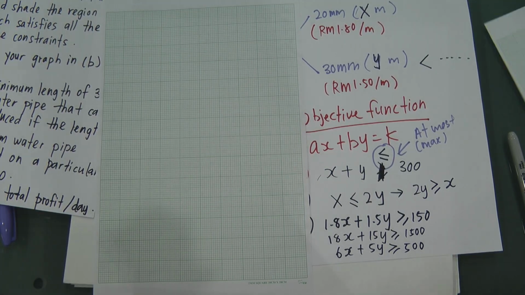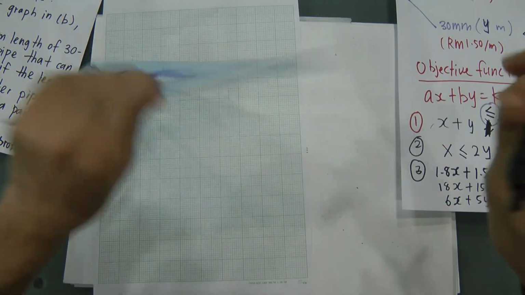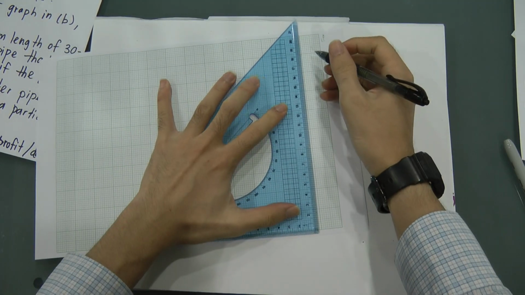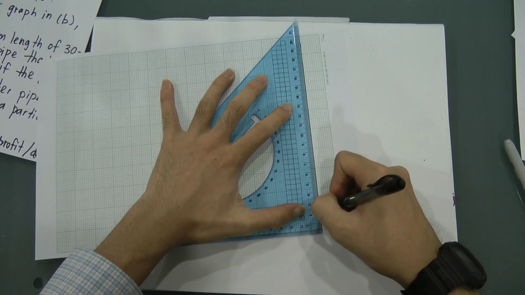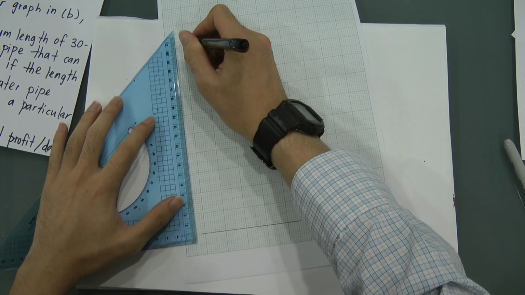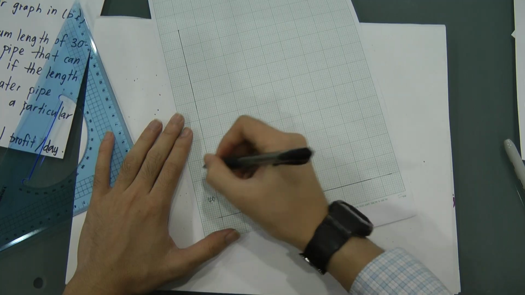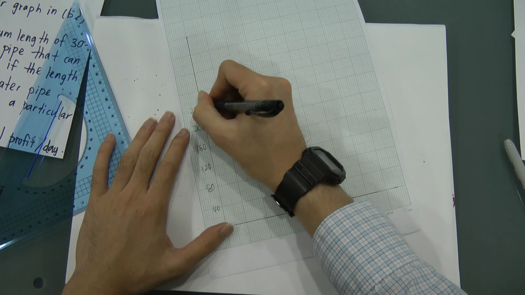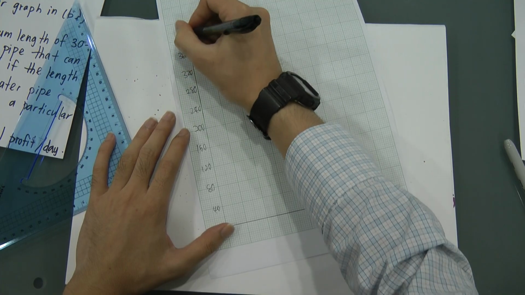He says on both axes. So that means, if I draw very fast, let's say this is 40, 80, 120, 160, 200, 240, 280, 320, 360, and 400.